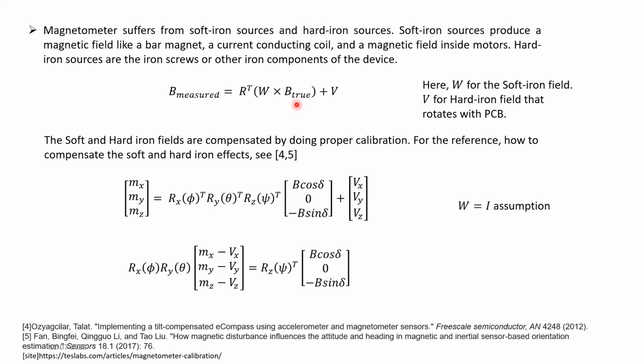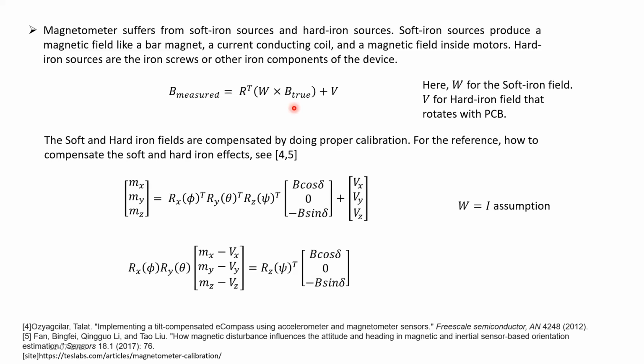It has soft iron effects and hard iron effects. For example, if you keep this sensor in a drone that has BLDC motors, the BLDC motors have coils. If current flows in them, they will get excited and create a magnetic field. That magnetic field will disturb the magnetic measurements of the magnetometer.